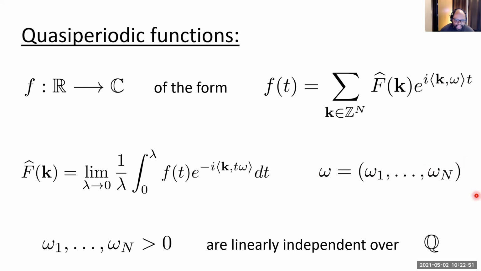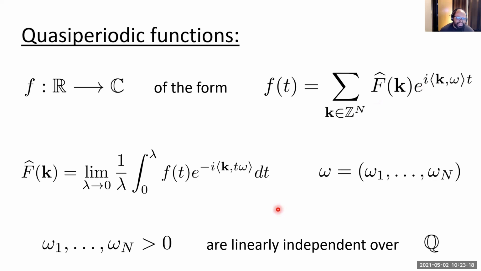And we require them to be linearly independent over the rationals. And then the coefficients can be computed through a limit. One can show that this is the right thing to do. So that's a quasi-periodic function. It's a superposition of oscillators whose frequencies are essentially incommensurate.